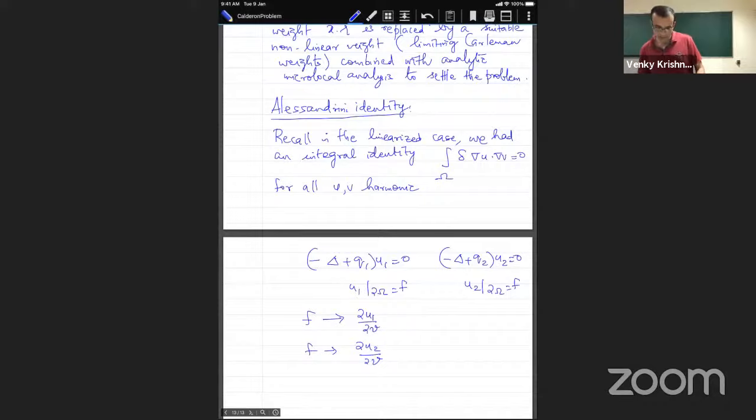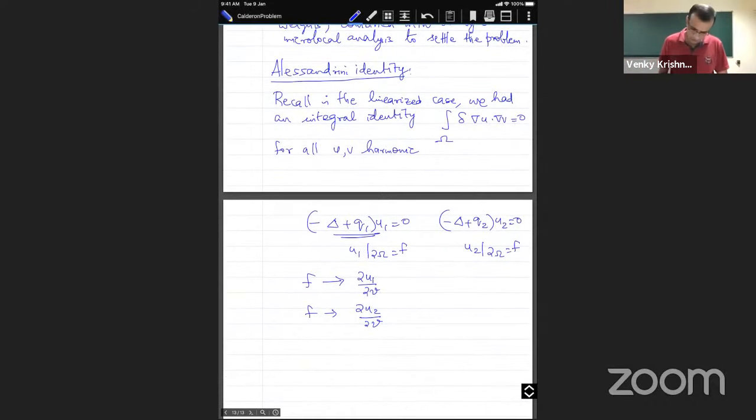These are in the formal sense, but if you want to make sense of this, you can multiply by v and do an integration by parts. Then the Dirichlet-to-Neumann map would be grad u1 dot grad v plus q u1 v, where v is in H10. That would be the definition. So the Alessandrini identity is as follows.